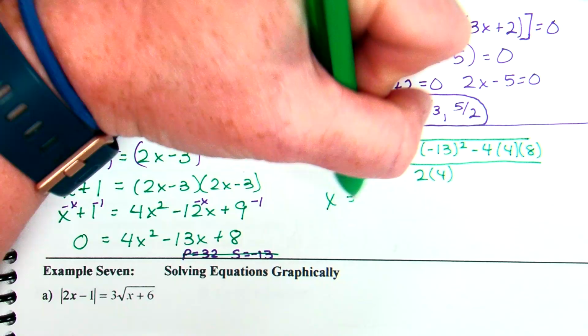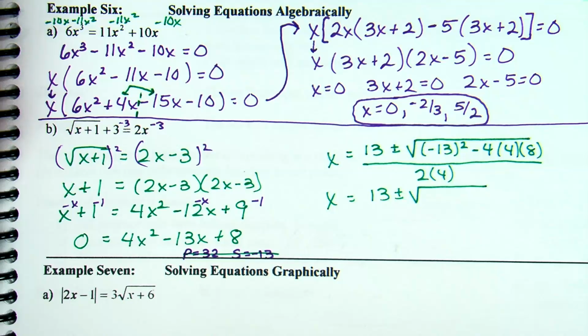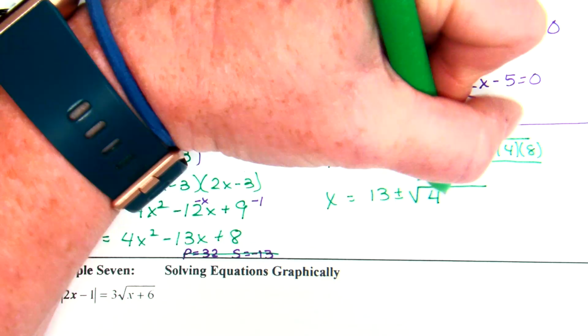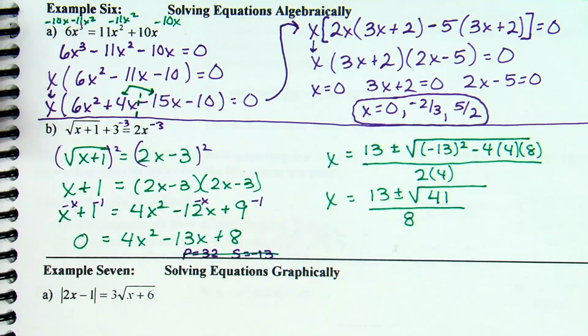If I continue, 13 plus or minus, under my square root, I'm going to have 13 squared, which is 169, minus whatever 4 times 8 is. 32. And I end up with 41 under my radical, all over 8.